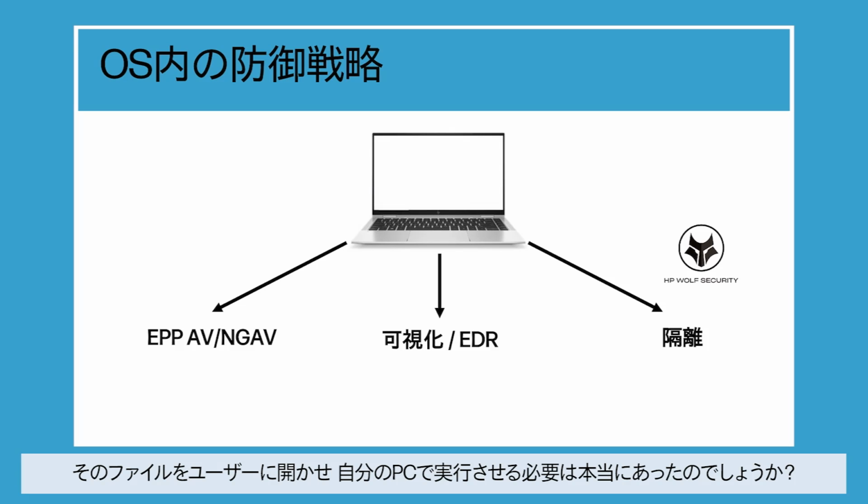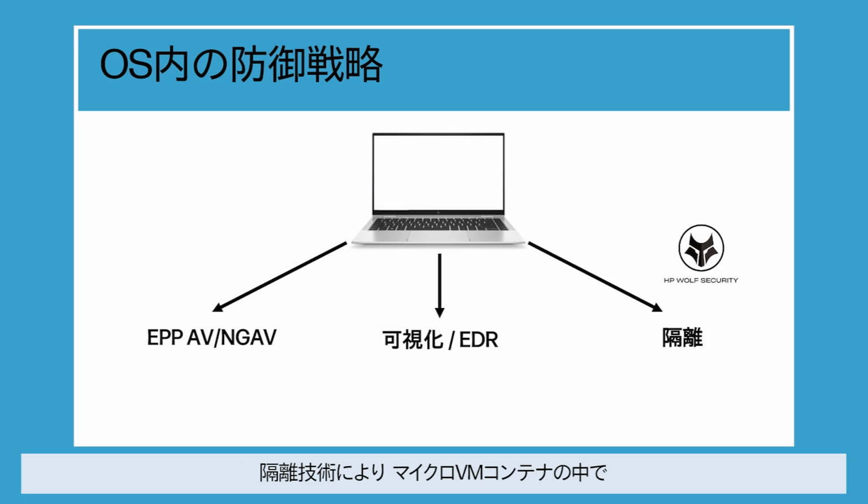Did you really need to let the user open that file and run it on your PC? And so with isolation technologies, we can make the user's computing environment much more secure by allowing the user to run high-risk activities inside of a micro VM container.